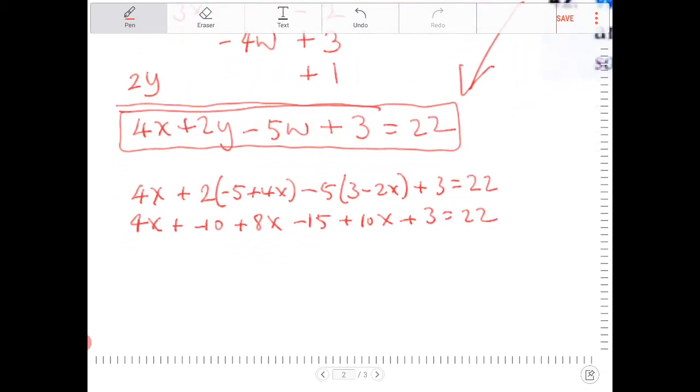Distribute the 2, and I end up with negative 10 plus 8x minus 15 plus 10x plus 3 is equal to 22. Combine like terms. 4, 8, and 10 gets me 22x. Negative 10, negative 15 makes negative 25. Negative 25 plus 3 is negative 23.